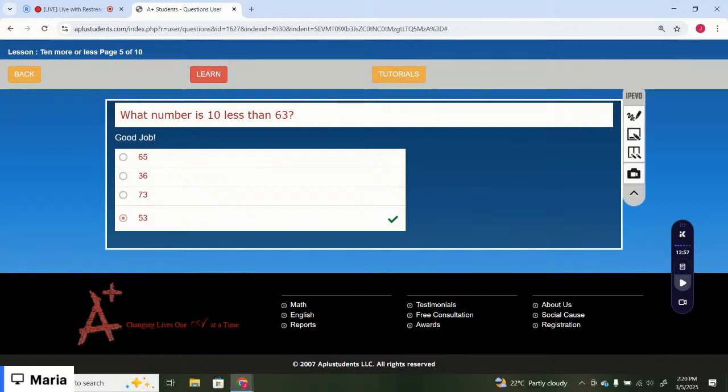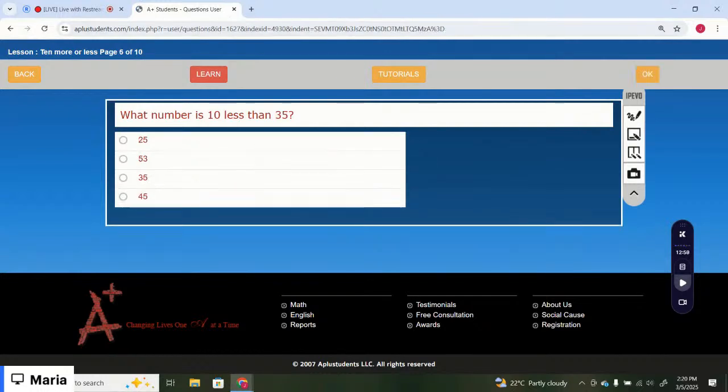Option number 4 is the correct option. And 10 less than 53 means 25. Option number 1 is the correct option.